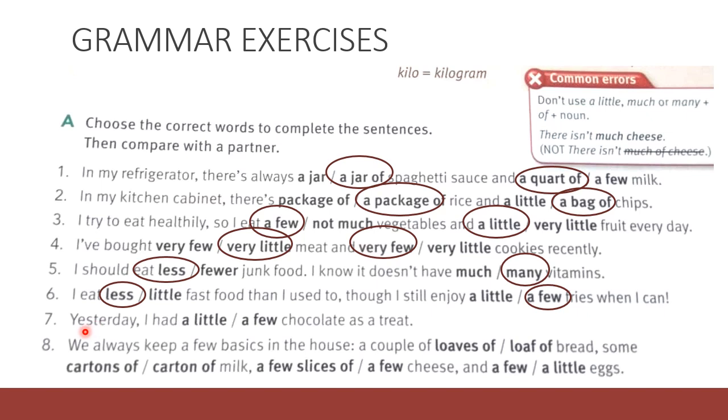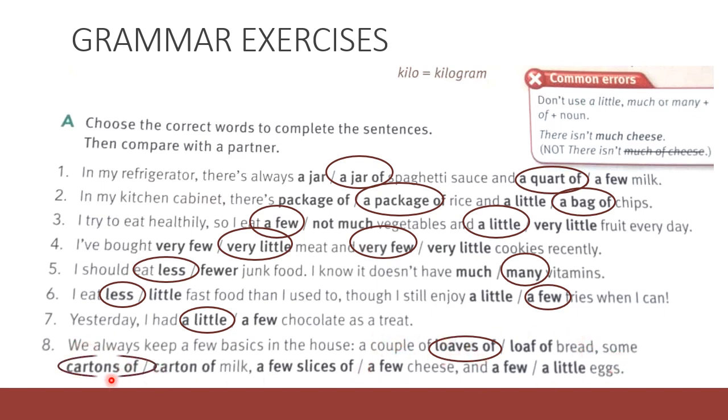Number 7. Yesterday I had a few chocolate as a treat. In this case, a little chocolate as a treat. Number 8. We always keep a few basics in the house, a couple of loaves of bread because it says couple and we're talking about plural.